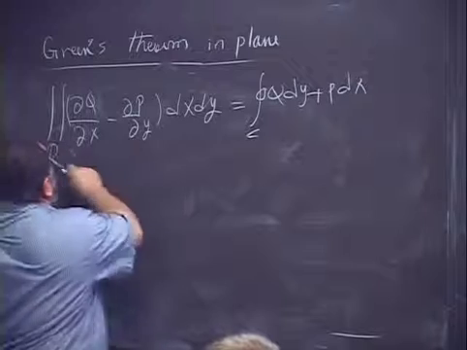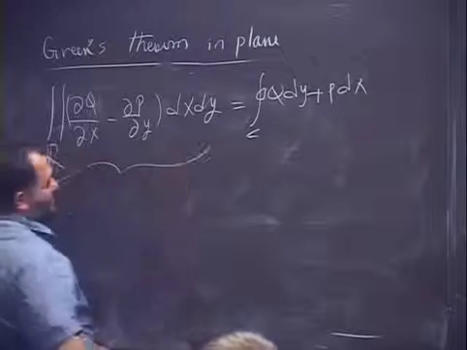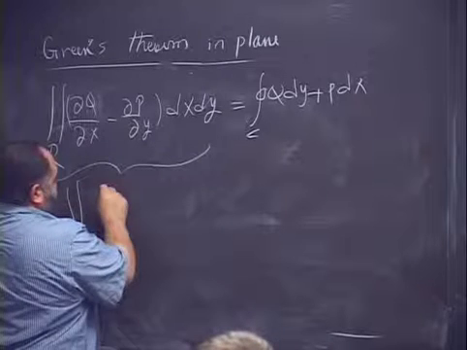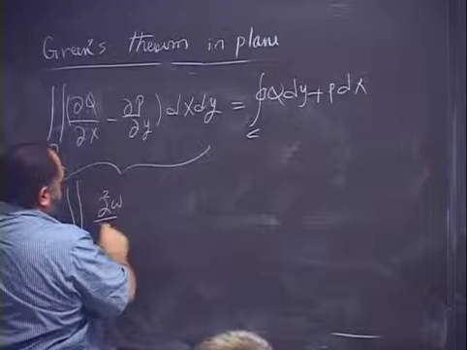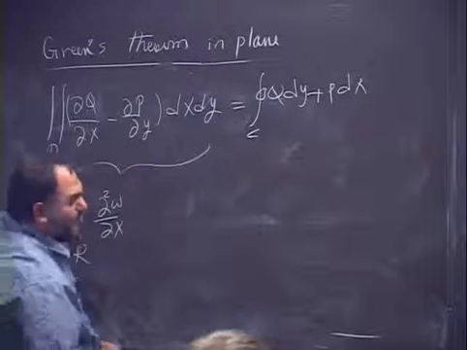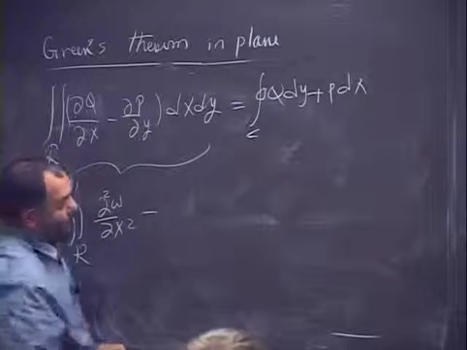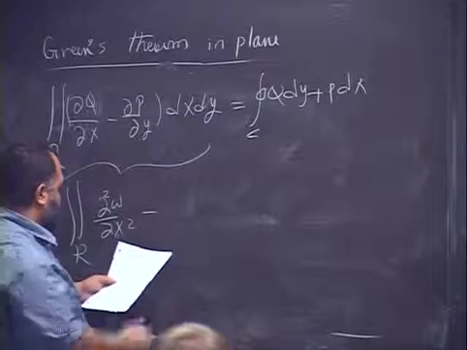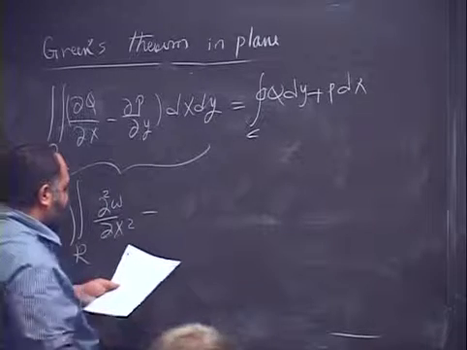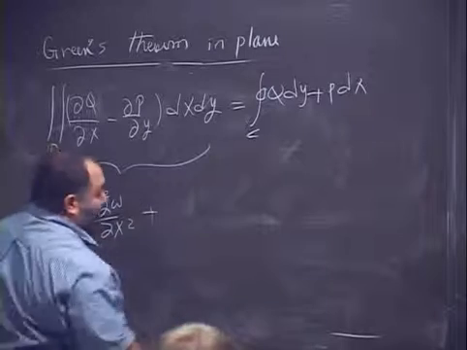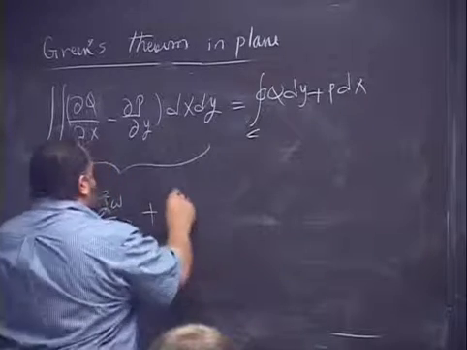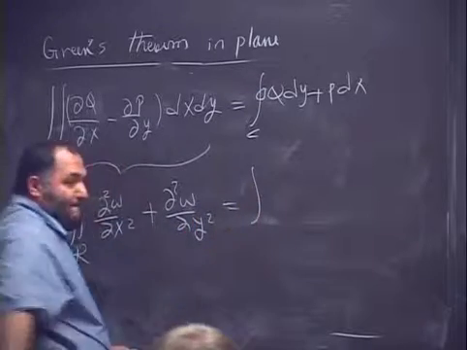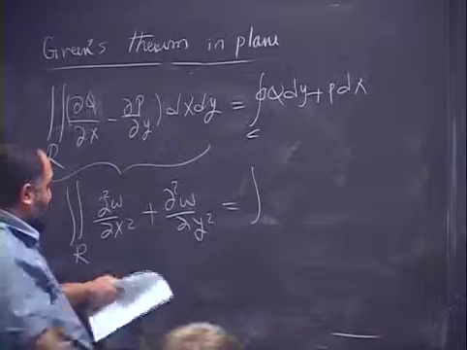So what's this first term, dQ by dx? d squared omega by dx squared, minus dP by dy, which will be plus d square omega by dy squared.